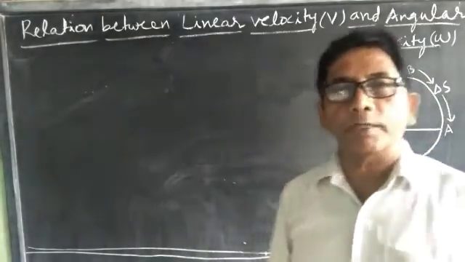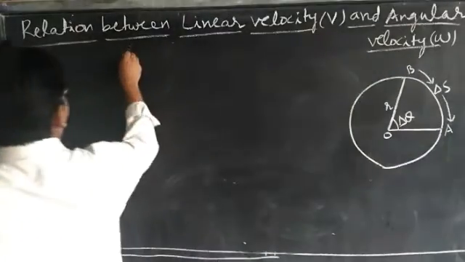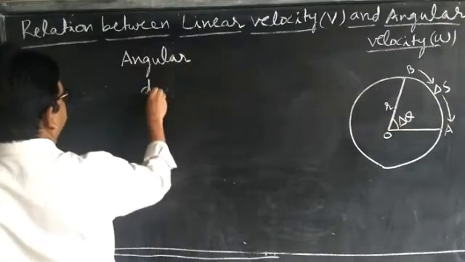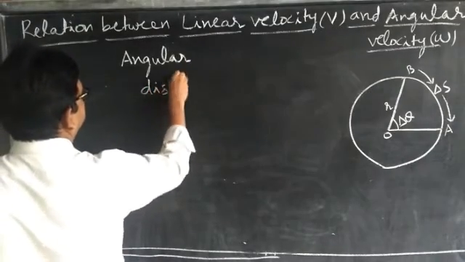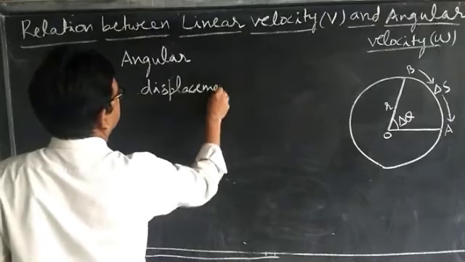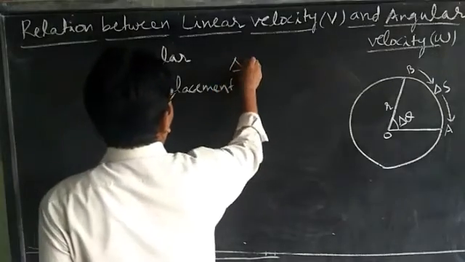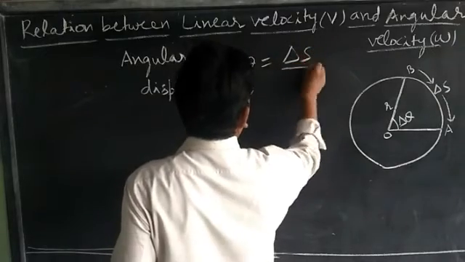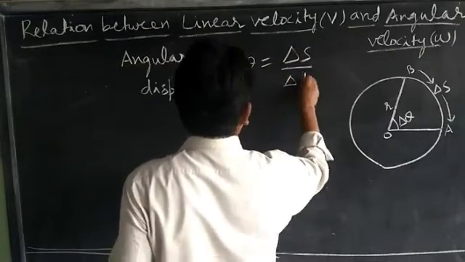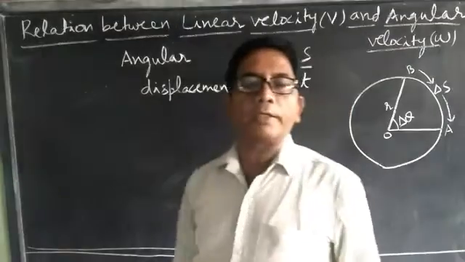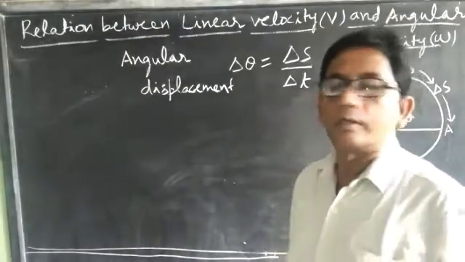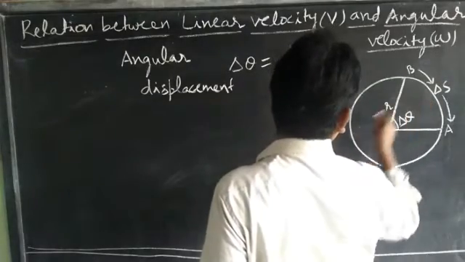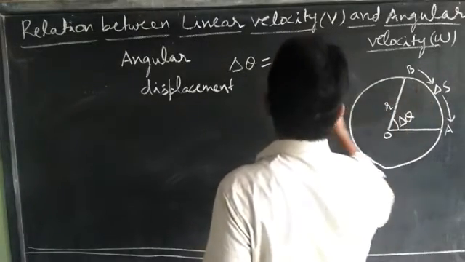Therefore, angular displacement delta theta is equal to delta s upon r, arc length upon radius.